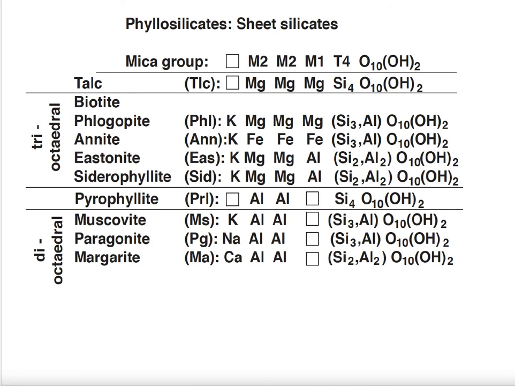But here we are just checking the TOT structure, the sheet silicates with the TOT structure. So then we have the talc. The talc you know by now very well, that is the softest mineral, which has a hardness of 1.